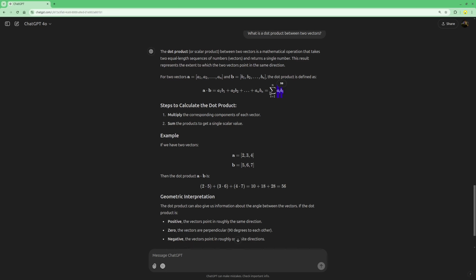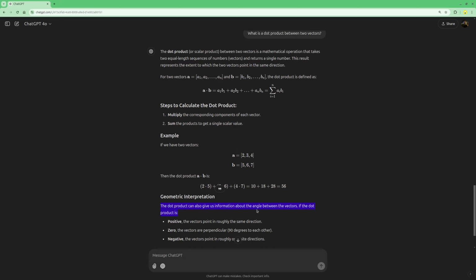So if this is the dot product, what else? If we have two vectors, this is the dot product, and what?